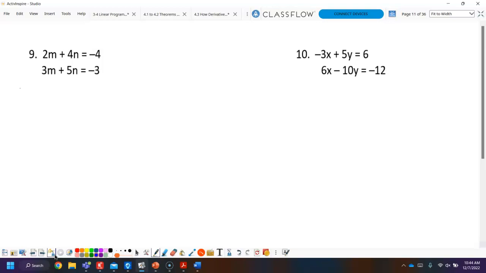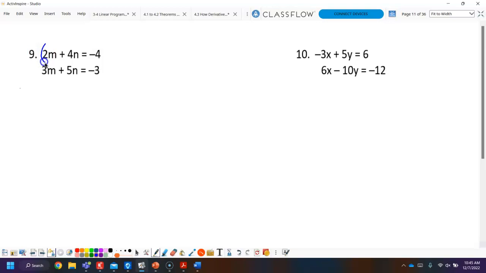So what I'm going to do is, do you want to eliminate m or n? It doesn't matter, both will work. All right, let's eliminate m. So 2 and 3. What small number do 2 and 3 both multiply to? 6. So what we're going to do is set m so that it becomes the number 6, where 1 is positive and 1 is negative.